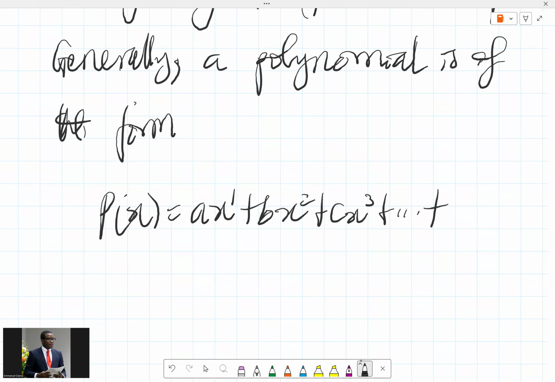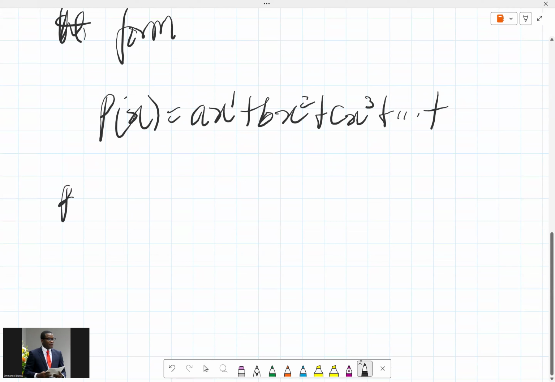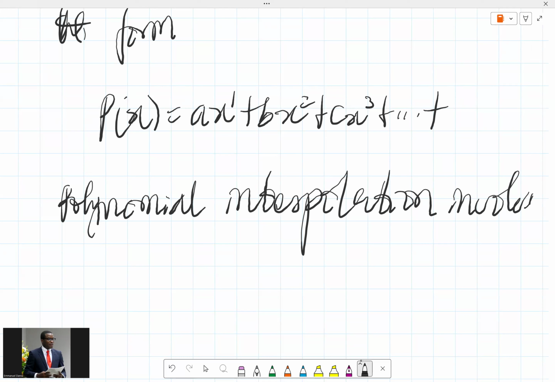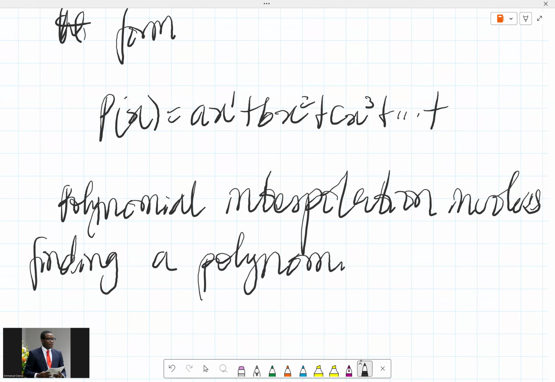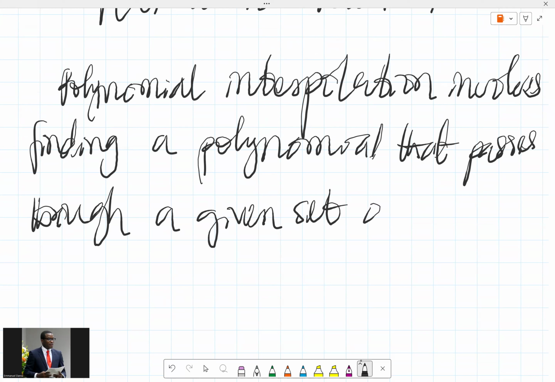So as far as polynomial interpolation is concerned, let's say polynomial interpolation involves finding a polynomial that passes through a given set of data points.